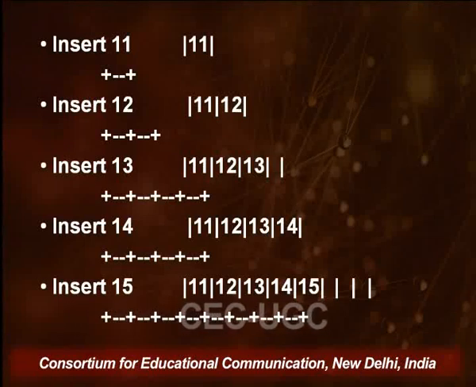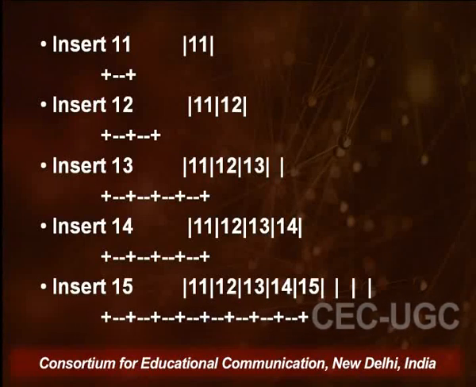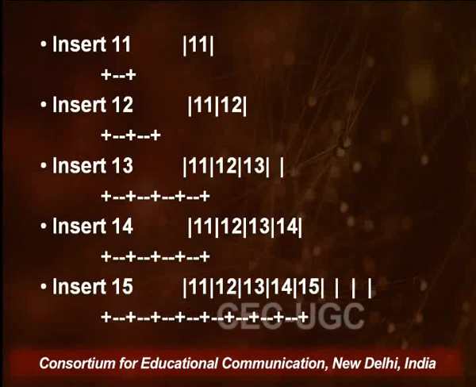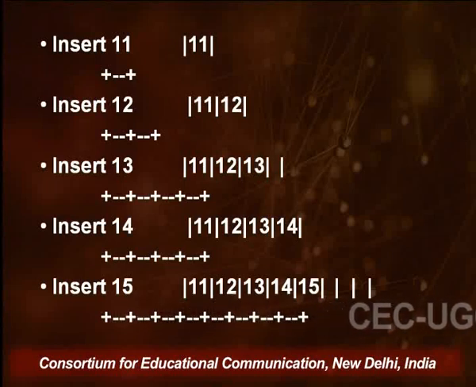Now let us consider how this table grows or shrinks. Consider the figure available on the screen. Initially we have no data structure with no memory. Then we allocate one cell for the table.